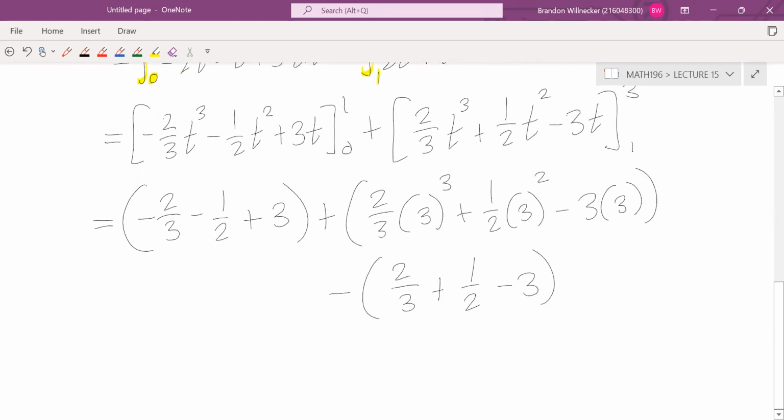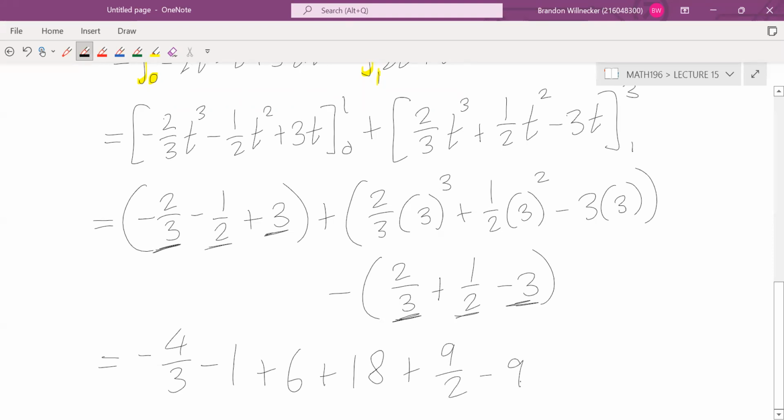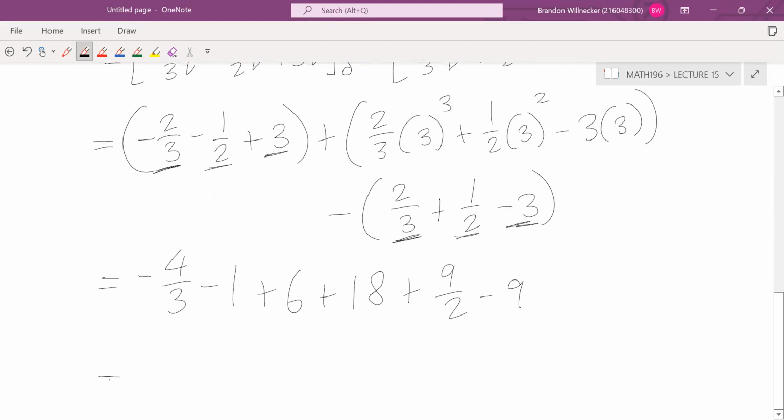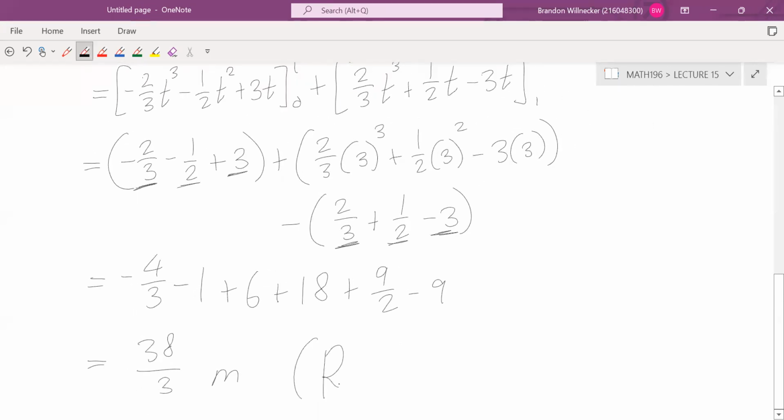Okay, and then we can simplify this. So this is going to be minus 4 over 3 from that and that. Minus 1, from there and there. Plus 6, so 3 plus 3. Plus 18, plus 9 over 2, and then minus 9. And then we can simplify all of this together, and we get 38 over 3 meters. Again, remember your units.